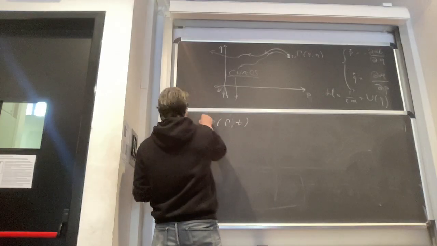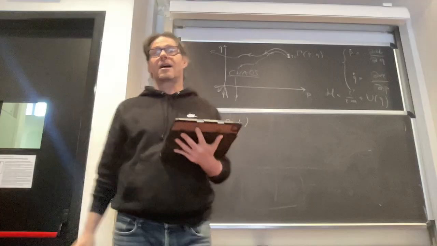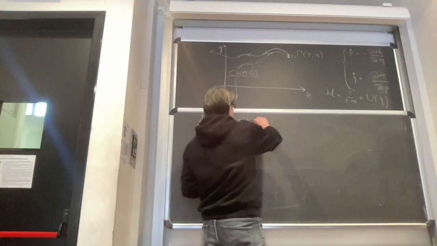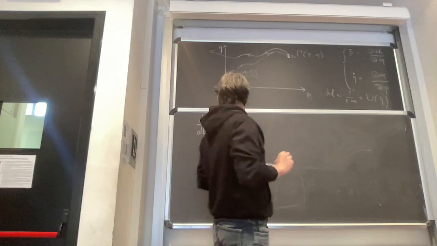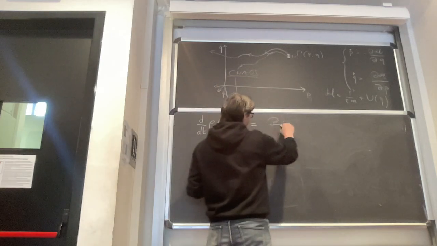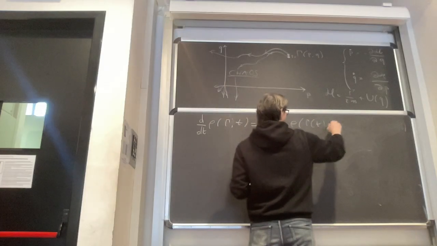So what we want to do is to take the total derivative with respect to time of this. Well, in principle, when I do total derivatives, I always have a partial derivative of rho of gamma and t with respect to t.